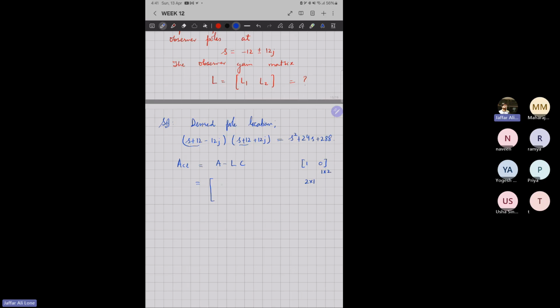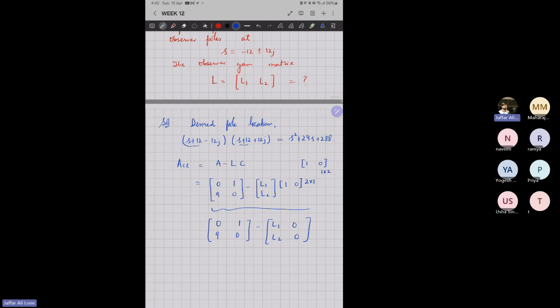So A is [0, 1; 9, 0] minus [L1; L2][1, 0]. Then again, you follow a similar process. Just multiply it and you get [0, 1; 9, 0] minus [L1, 0; L2, 0].